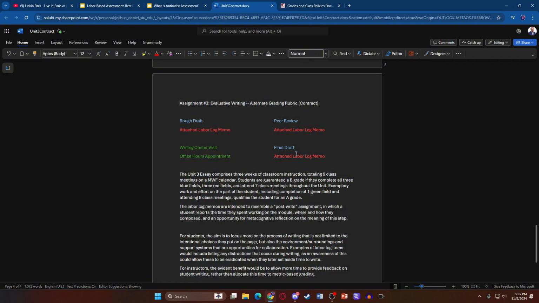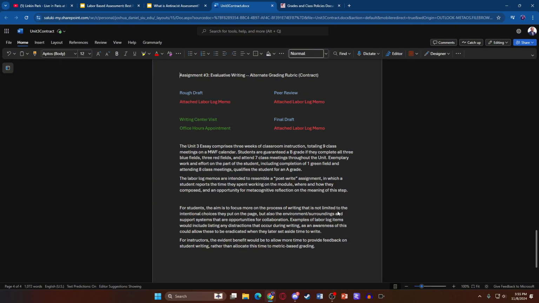I would caution you all to not make everything so divisible, where you track 2 points for this, 2 points for this, 2 points for that, because then you get back into number crunching, and that can be very difficult. So depending on how you formulate the language in the contract, and I don't know how you did this, Ross, yourself, but in my class, I don't mess with pluses or minuses.